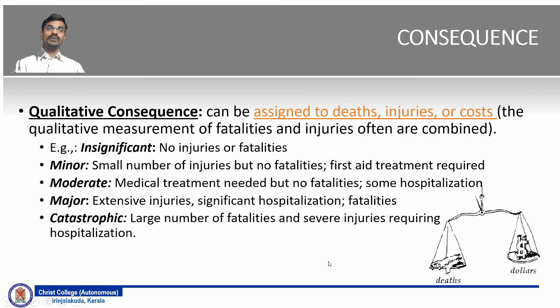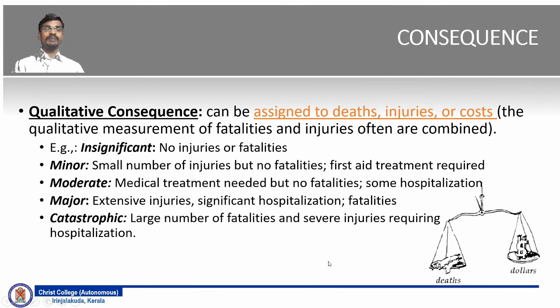Now consider the qualitative consequences. These can be assigned to death, injuries or cost. For example, insignificant is a term that may be used where no injuries or fatalities occurred due to the disaster. Minor, when the number of injured is small and there are no casualties and only first aid treatment was required.